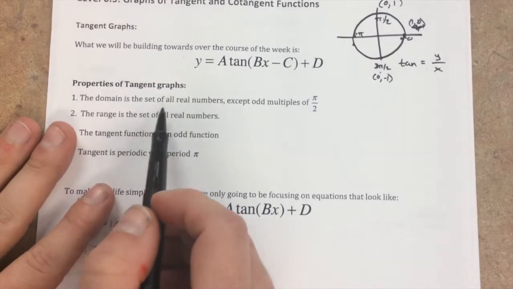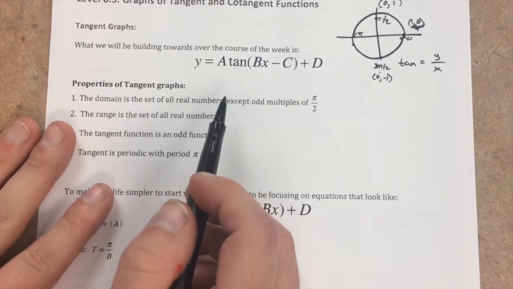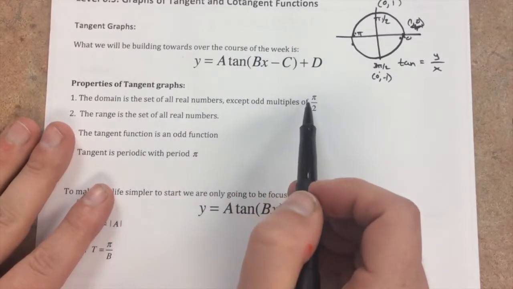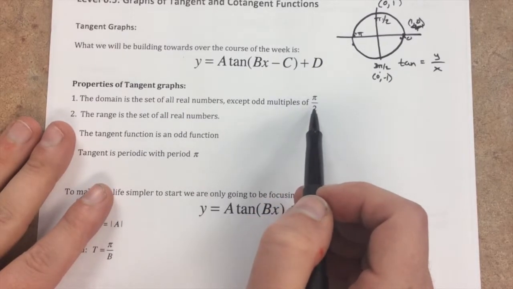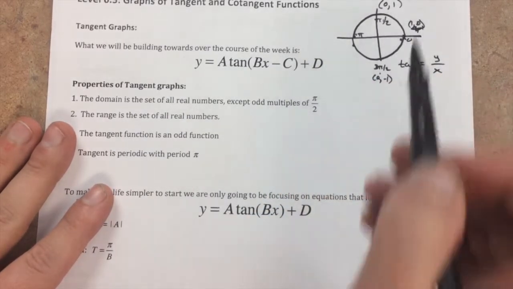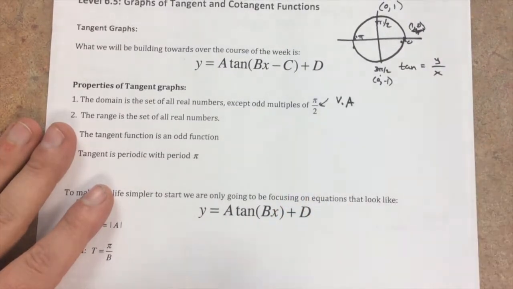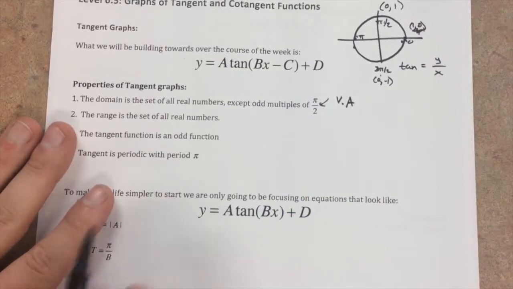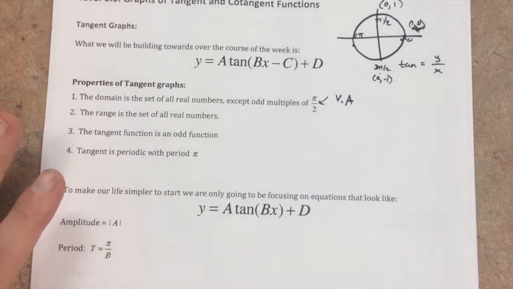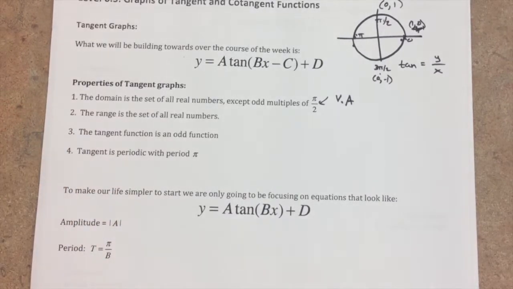The domain of tangent is the set of all real numbers except odd multiples of pi over 2. And that's because we get undefined. This is where we get vertical asymptotes. The range is the set of all real numbers. So unlike sine and cosine, where the largest values are 1 and negative 1, tangent can go off to positive or negative infinity.